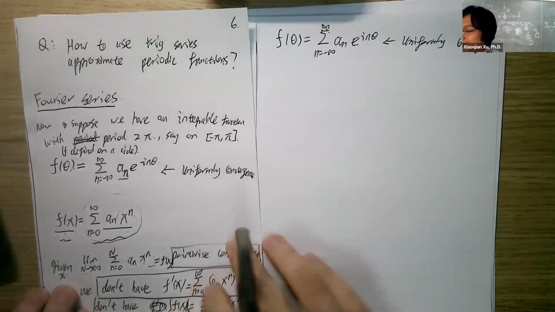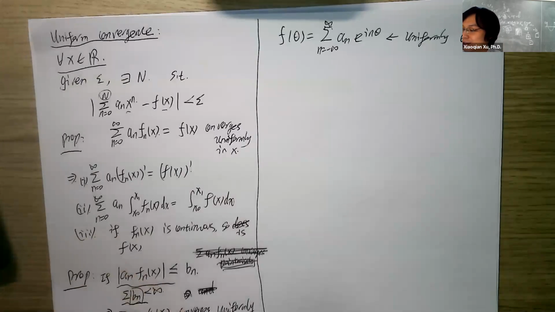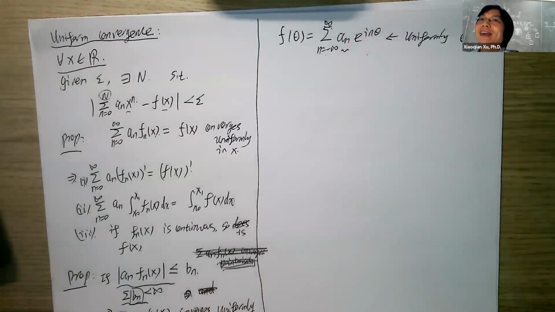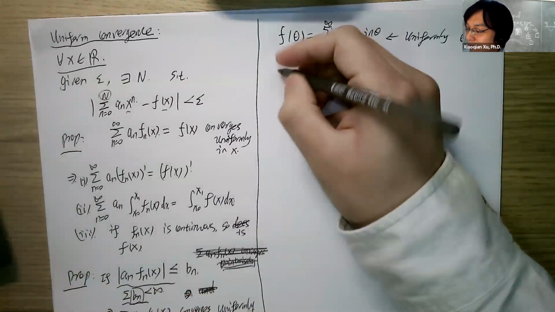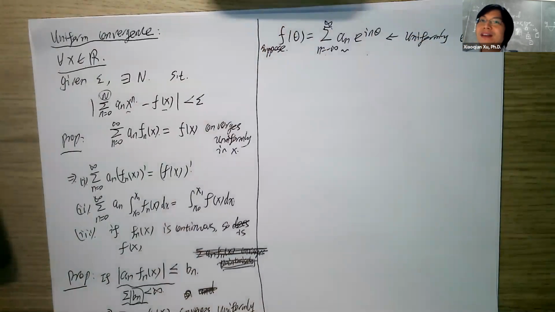So suppose we already find some an such that this sequence can approximate f(theta) uniformly. Let's see what we want for an. Okay, suppose this is true. Let's see what happens.